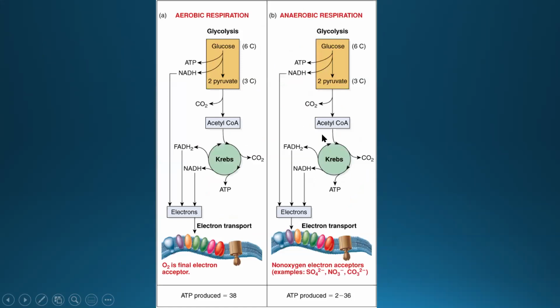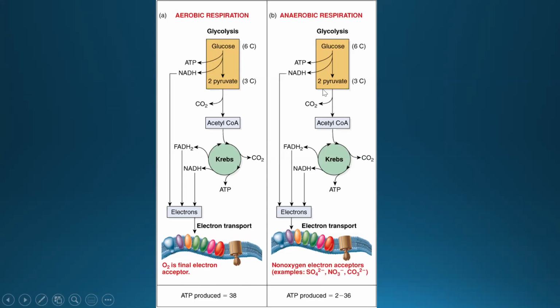All right. Aerobic versus anaerobic. So aerobic cellular respiration, okay, you're going to go through a process that we talked about and produce 38 ATP.